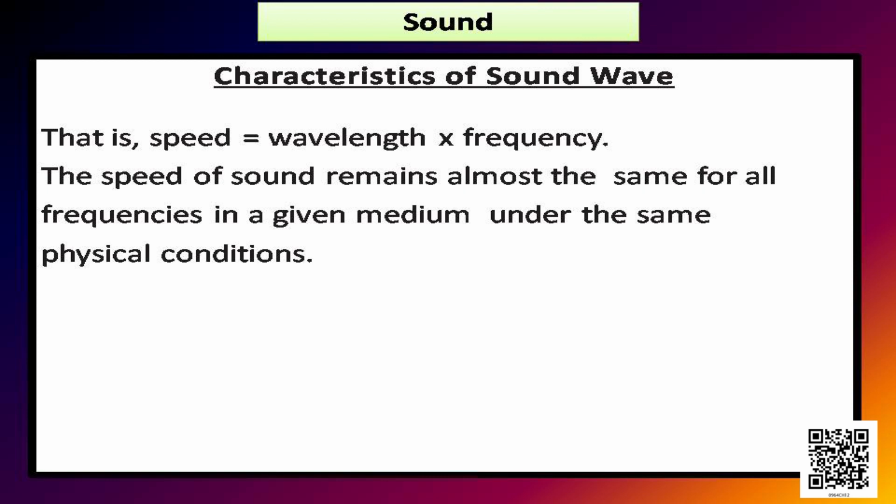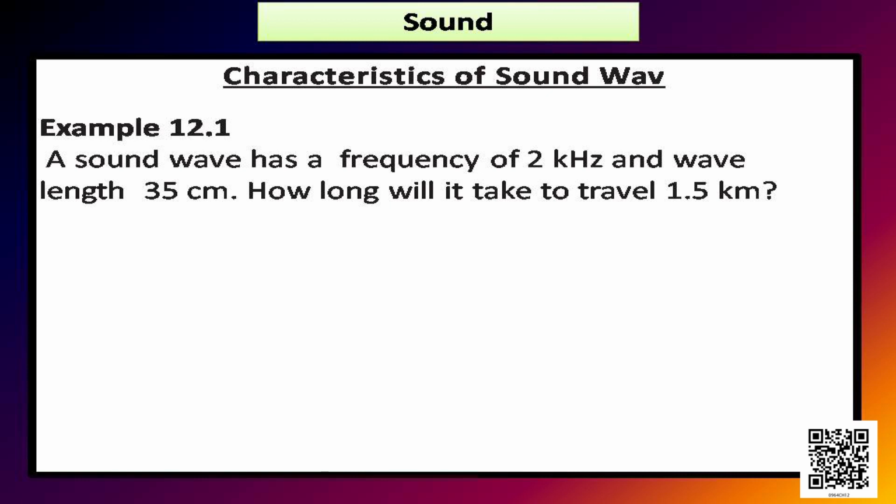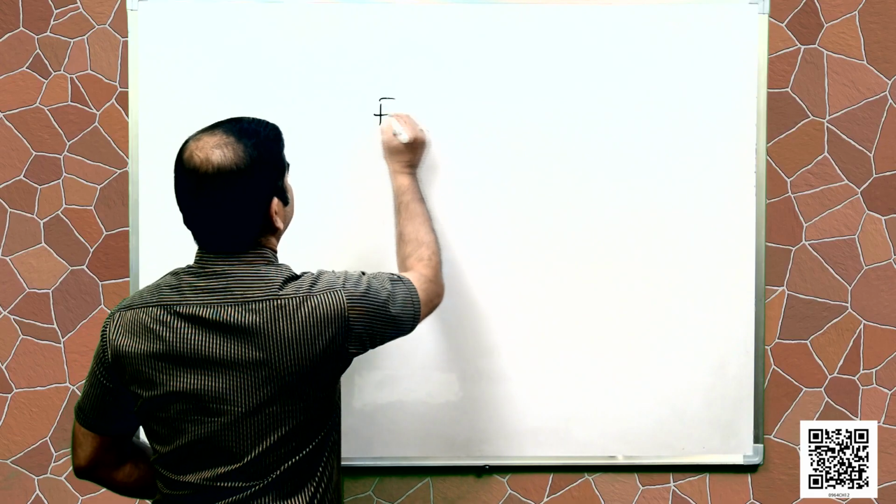We will discuss example 12.1. It says a sound wave has a frequency of 2 kHz and wavelength 35 cm. How long will it take to travel 1.5 km? Okay. So, let us now discuss the solution. What is given? Given frequency is equal to 2 kHz, that is 2000 Hz.